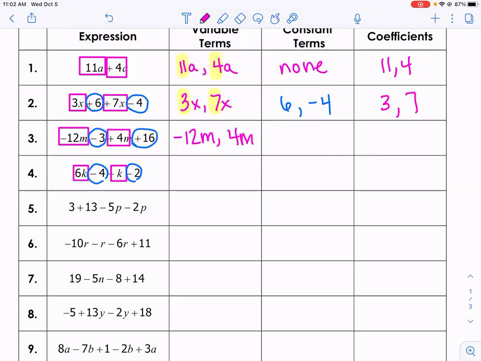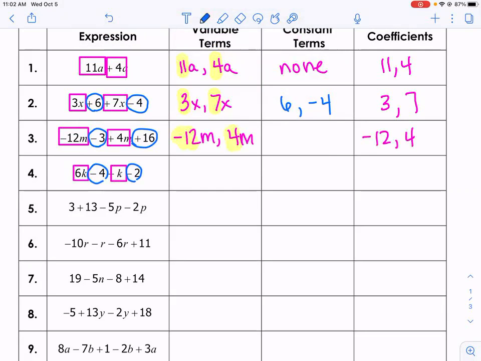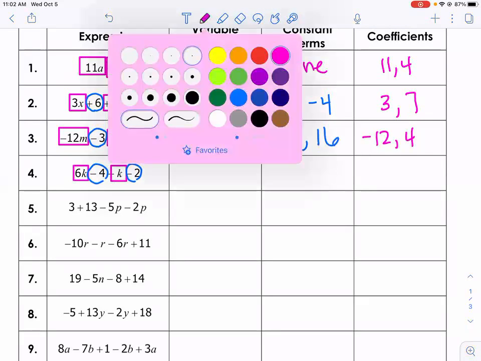All right, so our coefficients for number 3, Bennett, what are our coefficients? -12 and +4. Ariana, what are our constant terms in number 3? -3 and 6. Good.